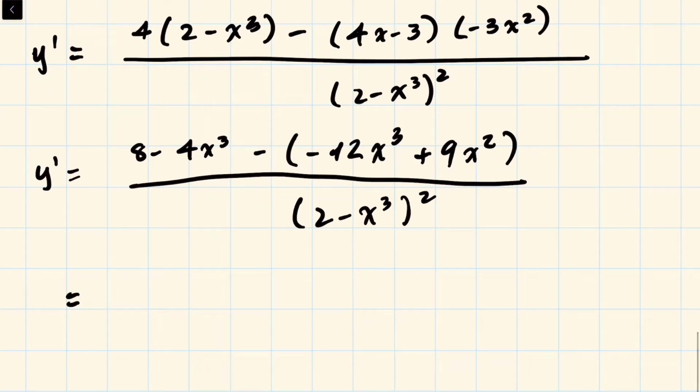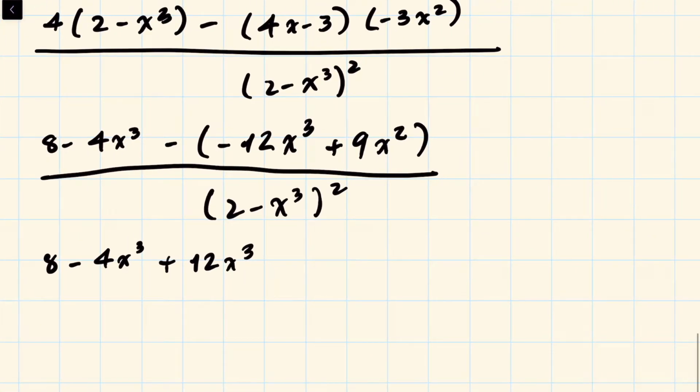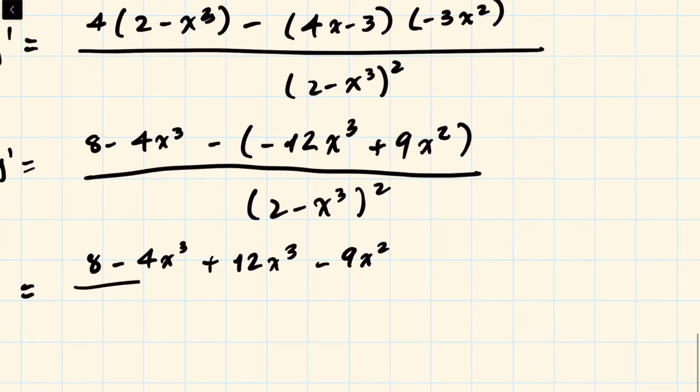So now this numerator can become 8 minus 4x cubed plus 12x cubed and minus 9x squared, all over (2 minus x cubed) squared.